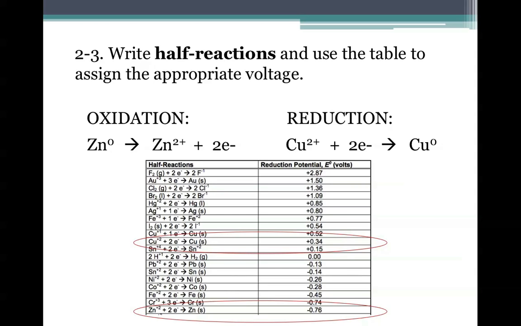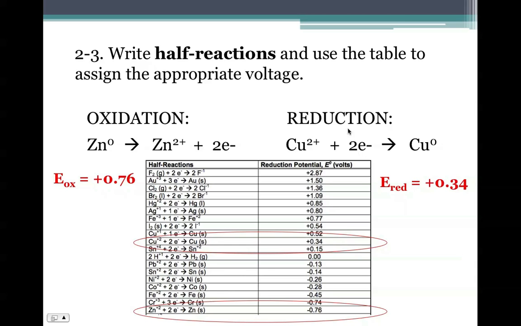So for oxidation, remember, was for zinc. Now remember, the oxidation equation is the opposite of our reduction one that is going to be found on the chart. So because it's for oxidation, you're going to simply flip the sign to positive 0.76. Copper, which is reduction, is going to be found on this line where you have positive 0.34.